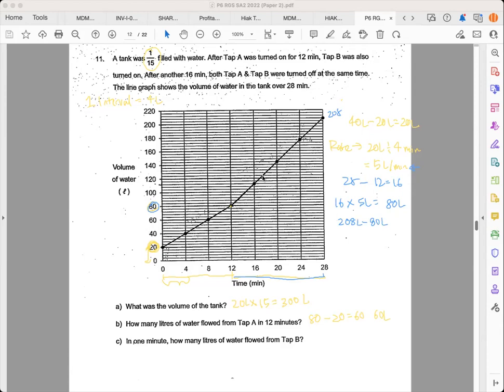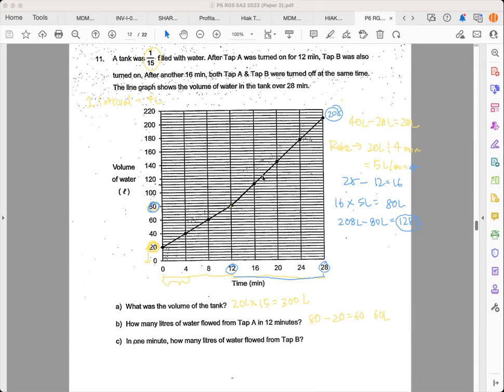The difference is 128 liters. So from 12 to 28, 128 liters of water flows from both taps.